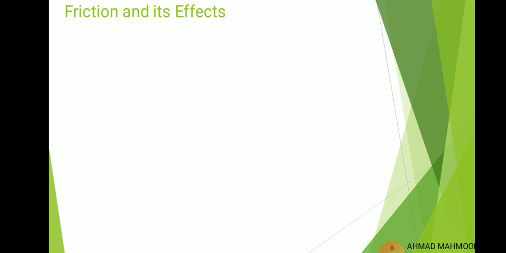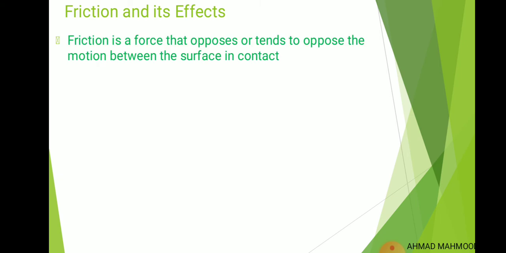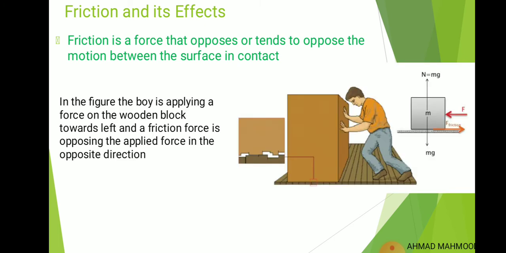Then we have friction and its effect. What is friction? Friction is a force that opposes or tends to oppose a motion between the surfaces in contact.